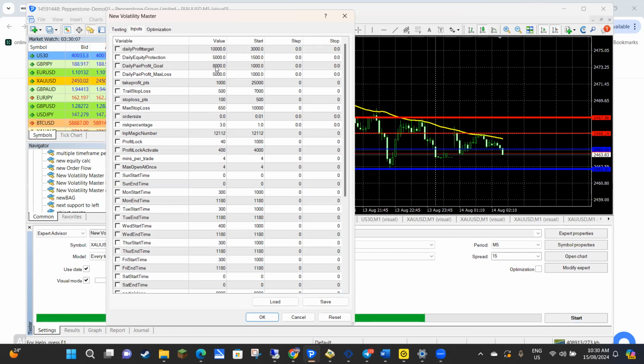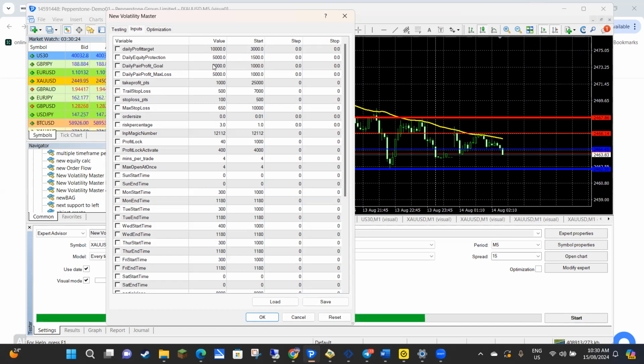This allows us to be trading multiple pairs at once and to have separate daily goals and maximum loss for each specific pair. But then we can also have an overriding one for all trades going at once.